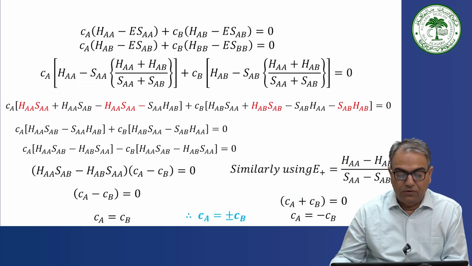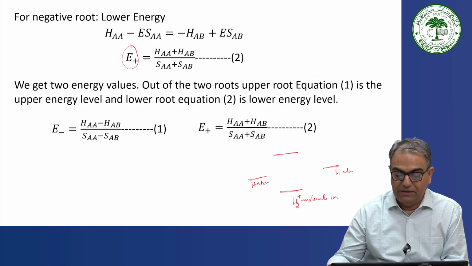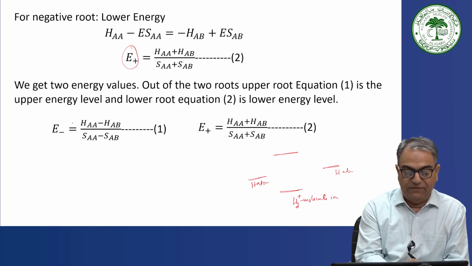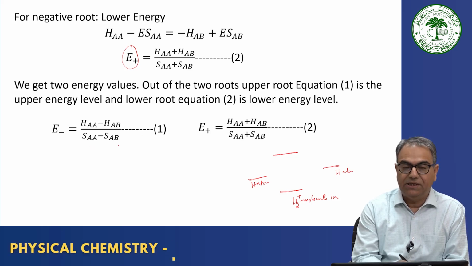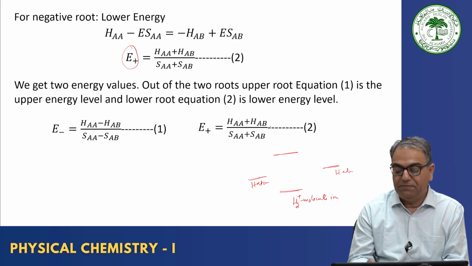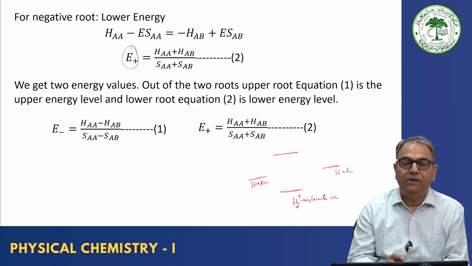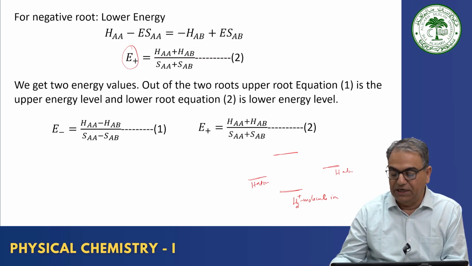Now if we have this energy value, HA minus HAB divided by SA minus SAB and HA plus HAB divided by SA plus SAB, and you say that two different energy levels are there, then there must be an energy gap between the two. So let us calculate the energy difference between these two energy levels.